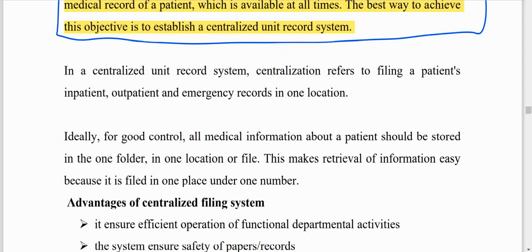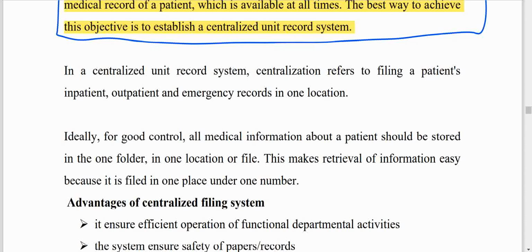So ideally, for good control, all medical information about patients should be stored in one folder, in one location or file. So I suggest that you will need to collect all these pieces of the information of a particular patient from various departments, and then you keep them in one file.